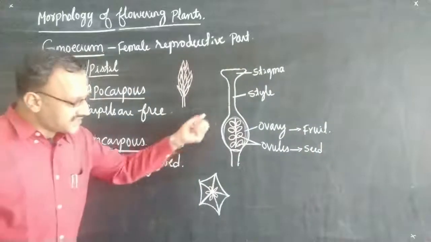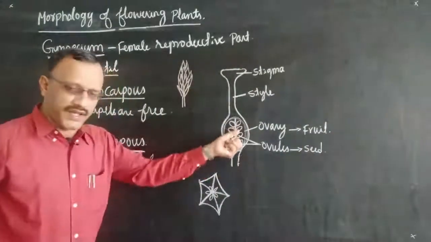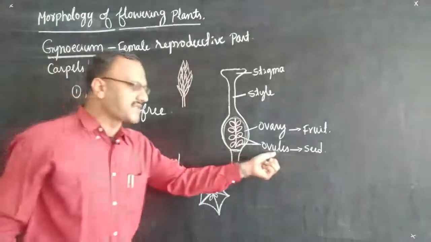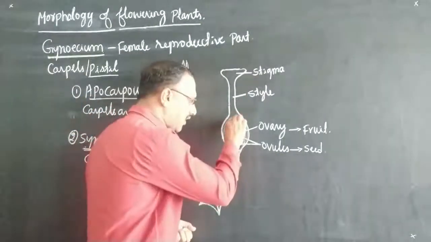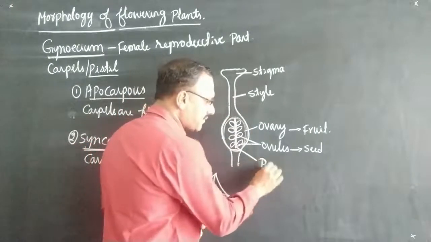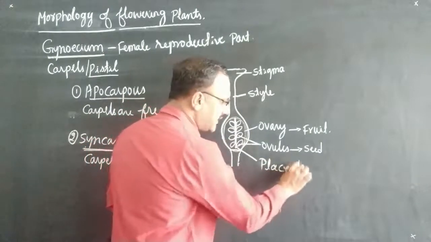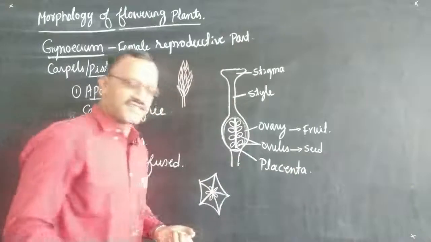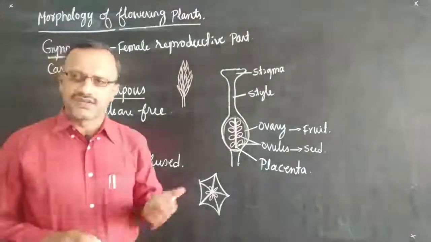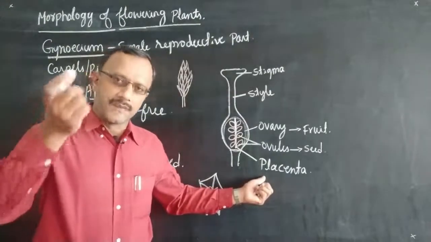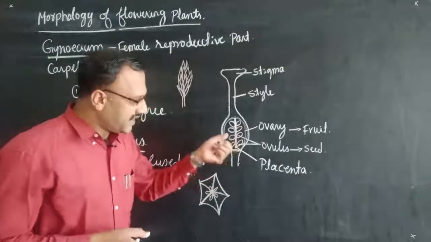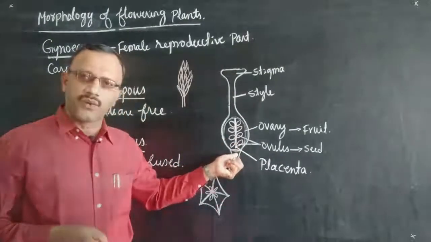Inside the ovary, a number of ovules are arranged, attached to a stalk called the placenta, which draws the nutrients and minerals from the plant body. The placenta differs in different plants.